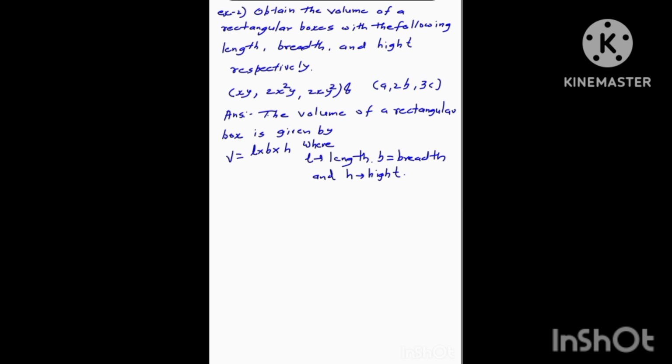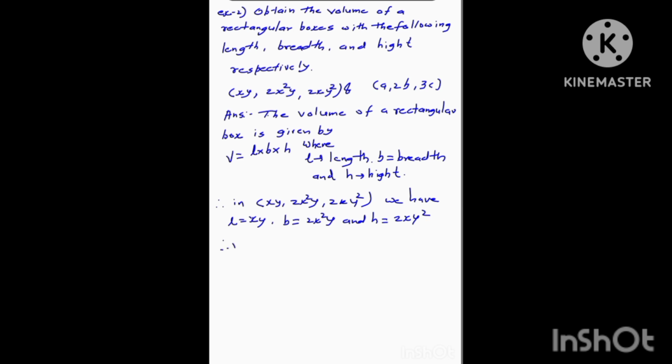Okay, so we will see in the given problem xy, 2x square y and 2xy square, where we have L equal to xy, b equal to 2x square y, because he said they are in respect to order, and h equal to 2xy square.